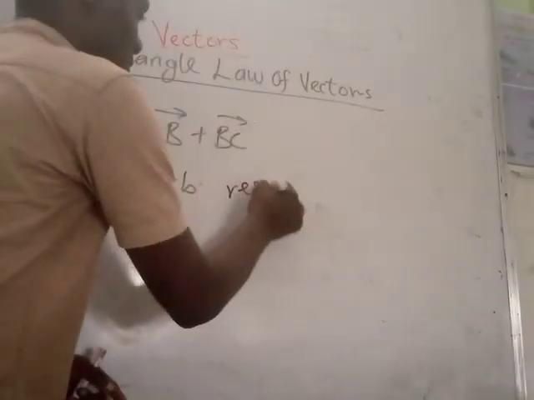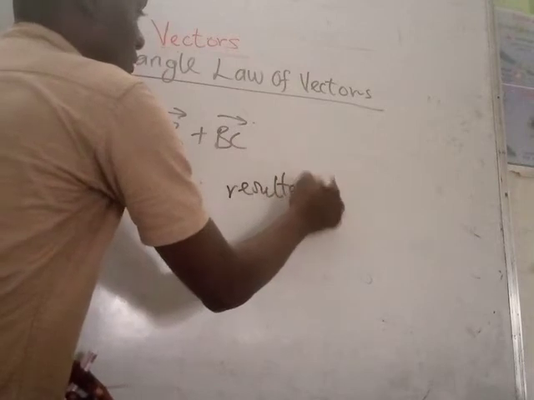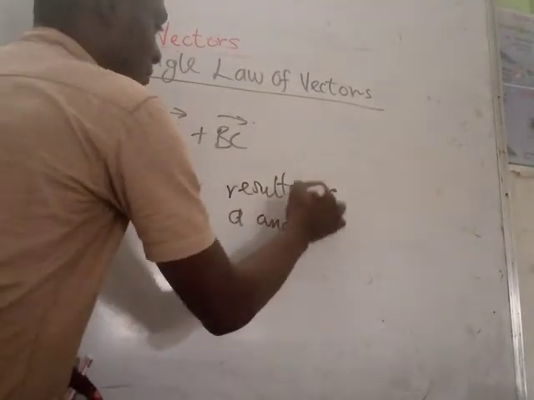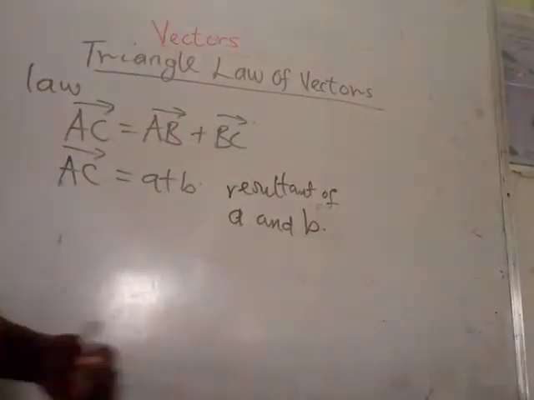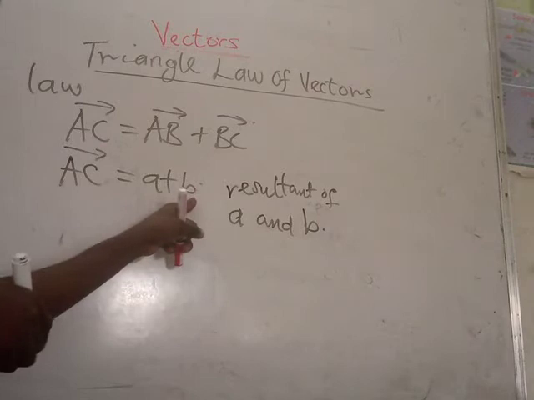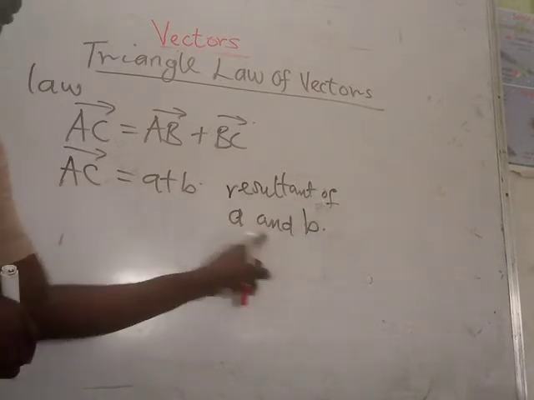And we said that AC is equal to A plus B. So this AC, which is equal to A plus B, is known as the resultant of vectors A and vector B. So that is the resultant of vectors A and B.